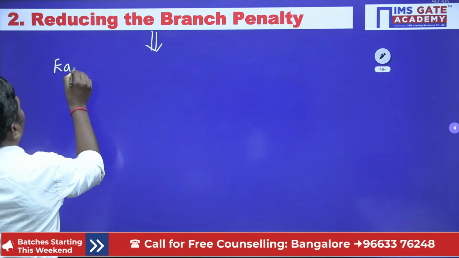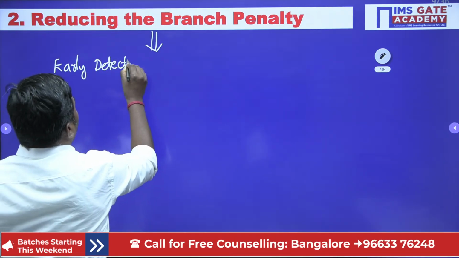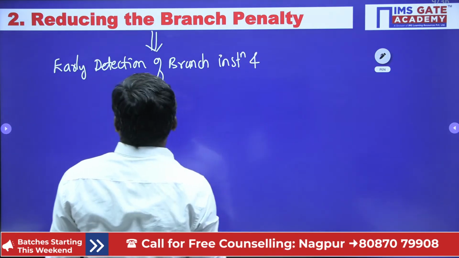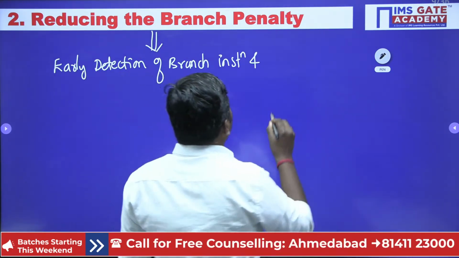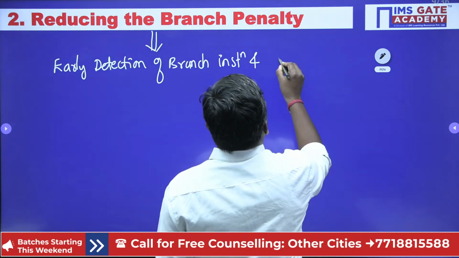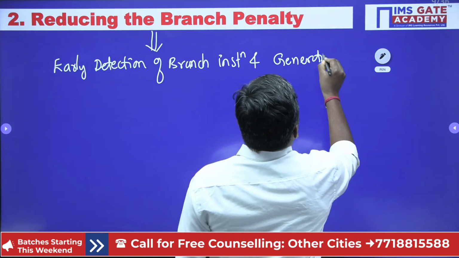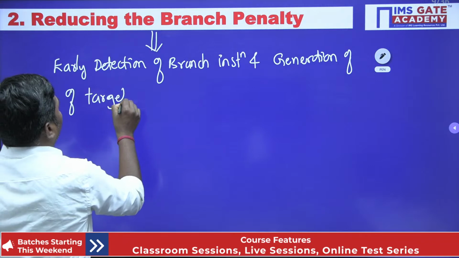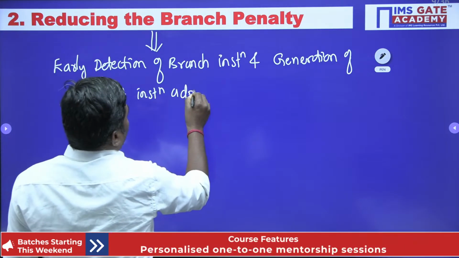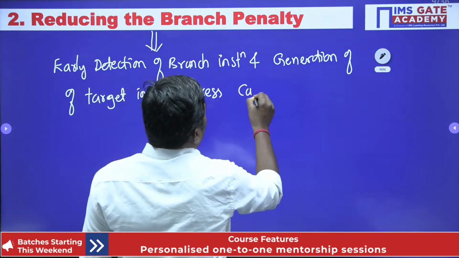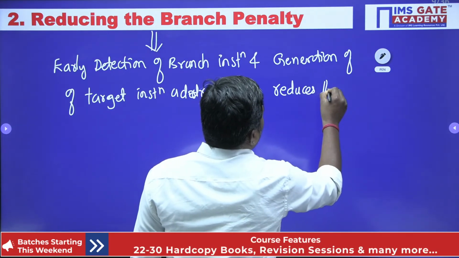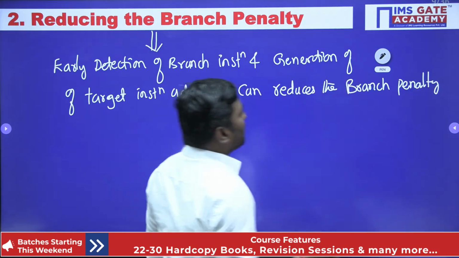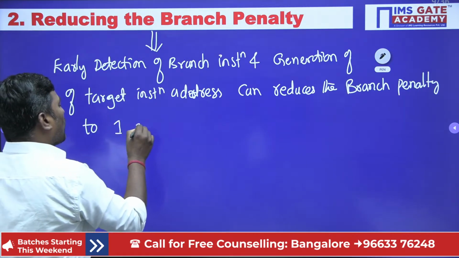It says that early detection of the branch instruction, and generation of the target instruction address, can reduce the branch penalty to 1 clock cycle.